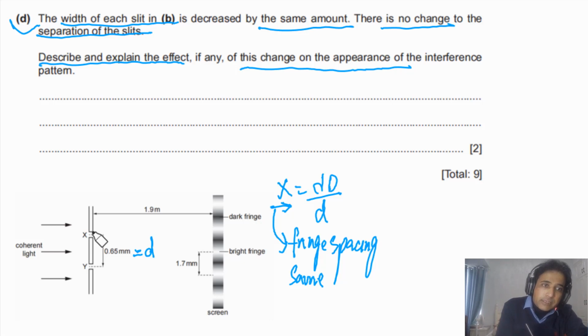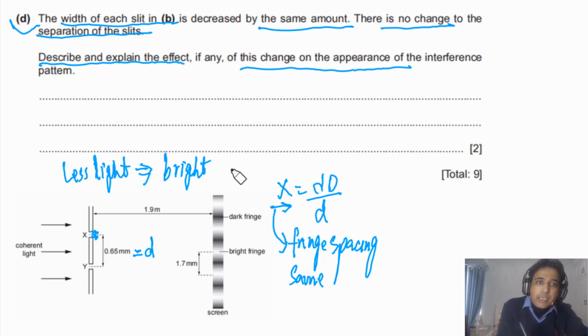Now as this gap size decreases, how about the light coming out of this one? It means less light is coming, so the bright fringes will be dimmer.